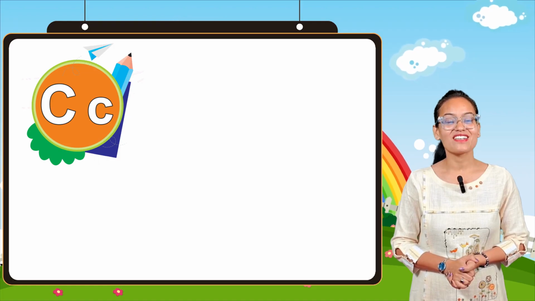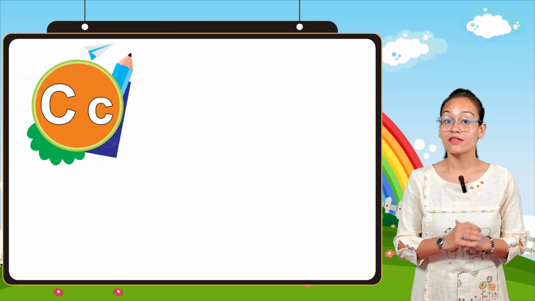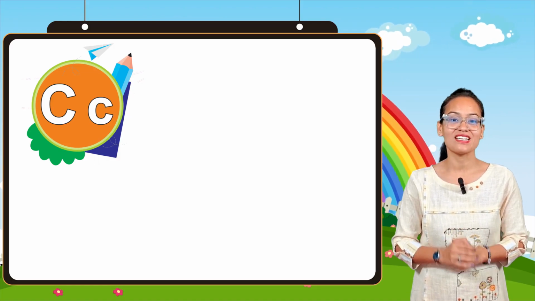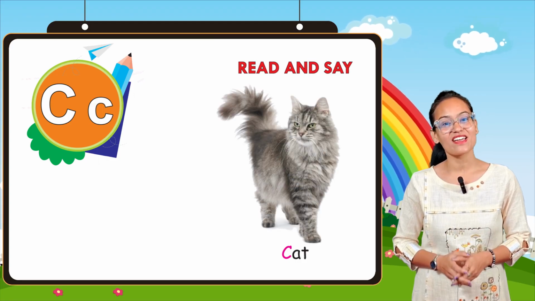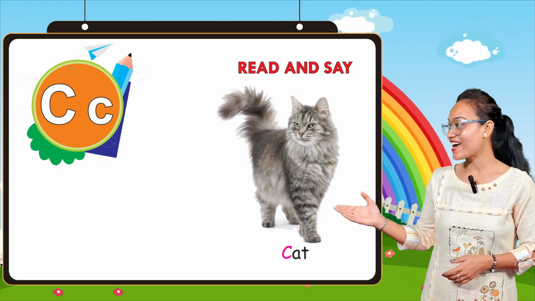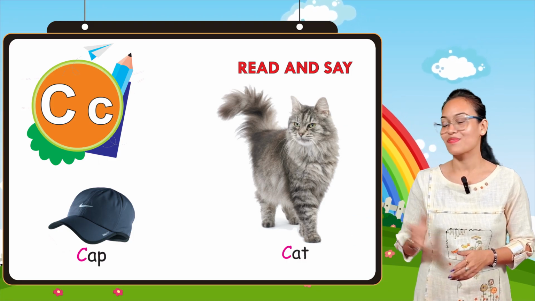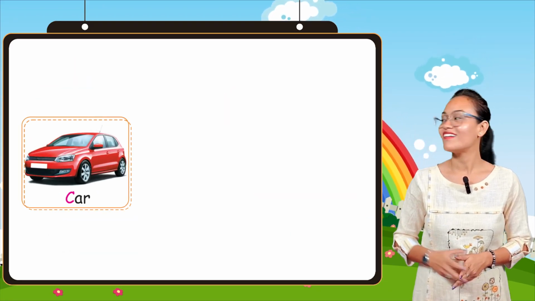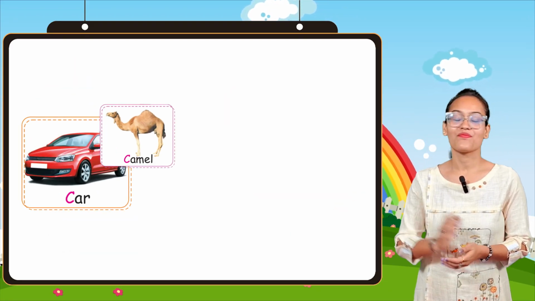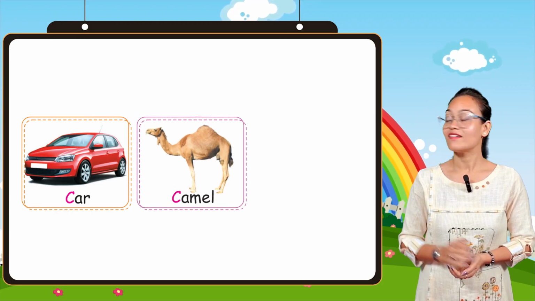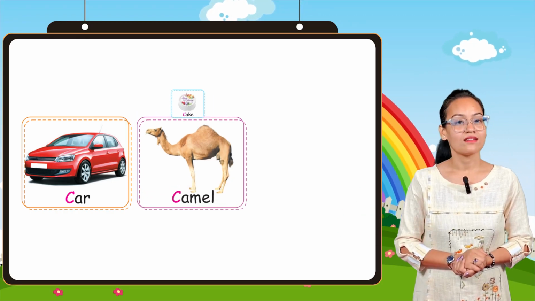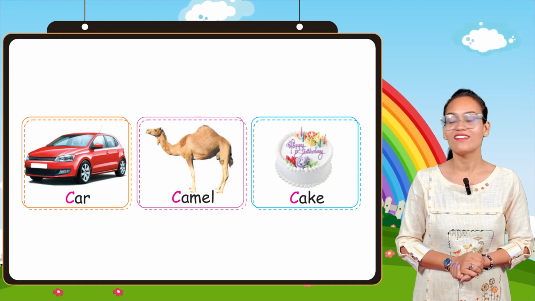Next alphabet is C. Capital C, small c. Read and say: C for cat, C for cap, C for car, C for camel, and C for cake.